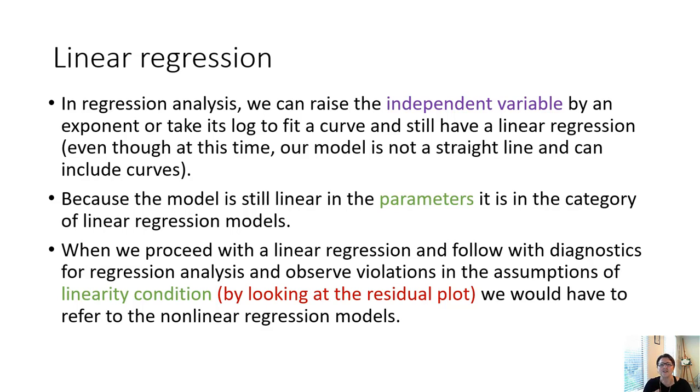We say that we are linearizing our values in order to use simple linear regression. Because the model is still linear in the parameters, it is in the category of linear regression models.